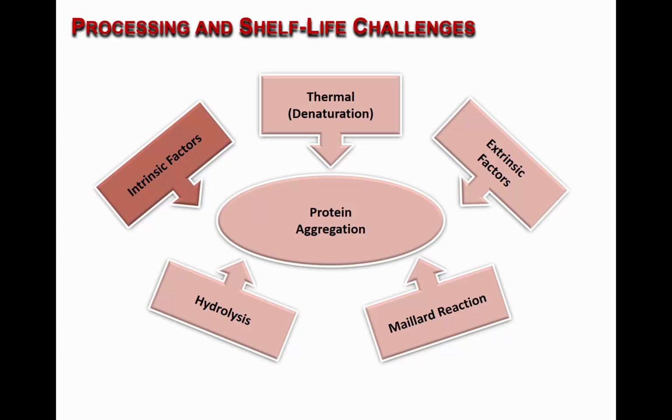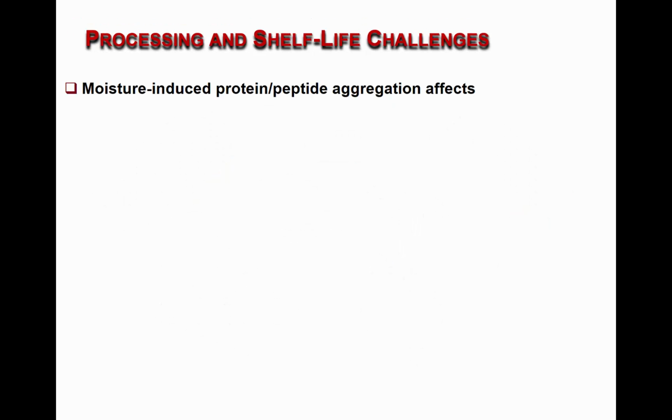We say intrinsic factors, the makeup of the protein, is it high in hydrophobic residues or low in hydrophobic residues, the temperature at which the protein denatures, the extrinsic factors such as the pH of the system, the ionic strength of the system, the humidity, and then of course hydrolysis, the release of peptides that are aggregate promoters, and if you have reducing sugars, you end up with protein polymerization due to Maillard reaction, so you end up with aggregation.